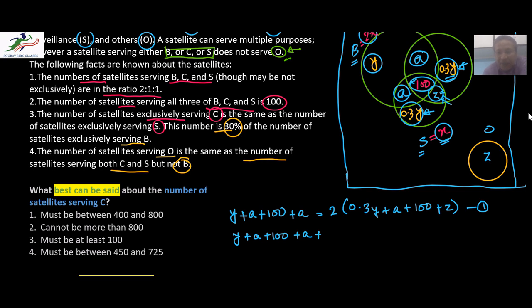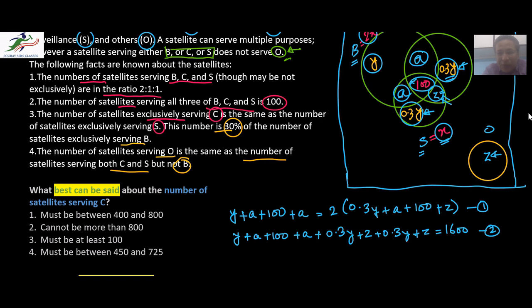This makes up the total of B, C and S plus Z, which is the number of satellites of O. So all this together will make up 1600. So we write that 0.3y plus Z plus 0.3y plus Z is equal to 1600. So this is my second condition.